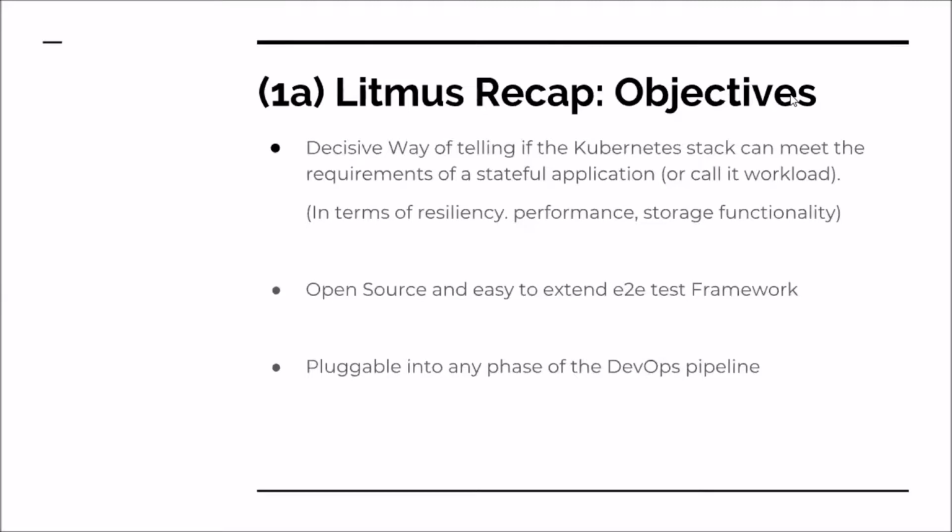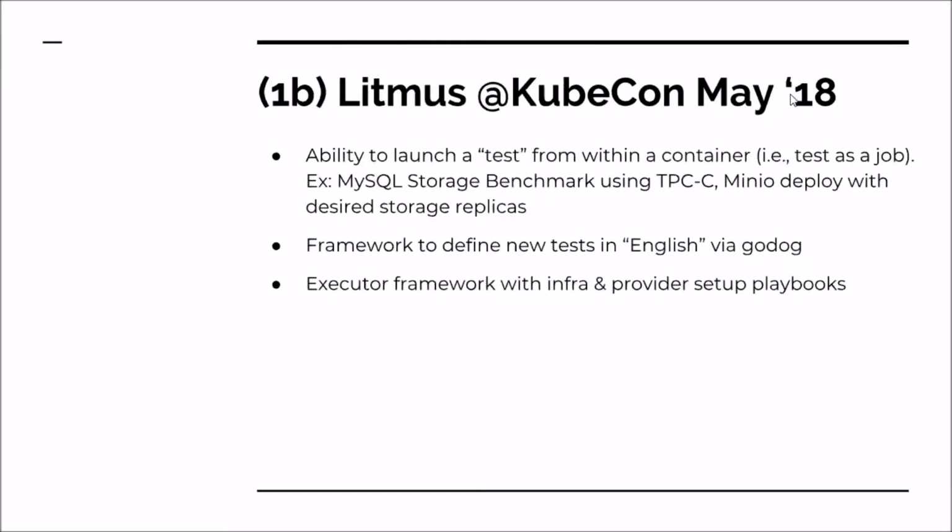These were the goals, and based on this, what we had earlier was a few tests that could be launched from a container. So the Litmus concept, in simpler terms or in Kubernetes terms, was to be able to run a test from a job. So we created a set of sample tests. For example, running a MySQL storage benchmark test using the TPCC workload generator, performing a Minio deploy with a desired number of storage replicas.